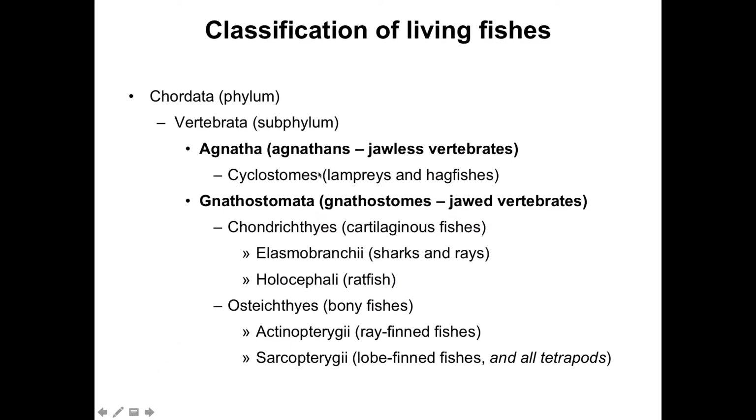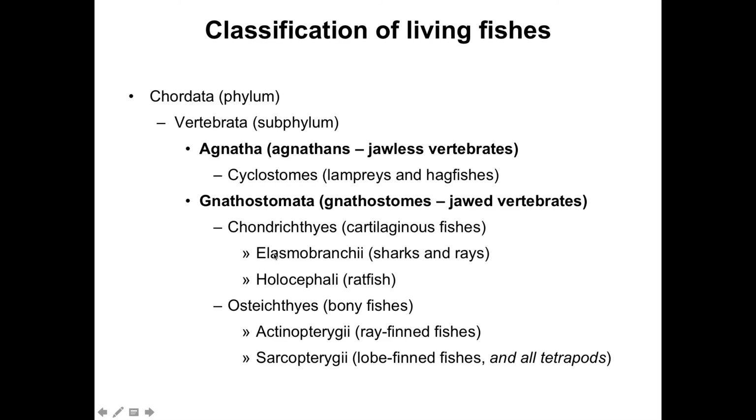So this shows the classification now of all living fishes. So we're in the phylum Chordata. We're looking at vertebrates. So there are subphyla within the Chordata that have a cranium, most of which also have vertebrae. And like I said before, they can be split into two groups: the agnathans, the jawless vertebrates, of which living now are the lampreys and hagfish, and the jawed vertebrates, the gnathostomes.